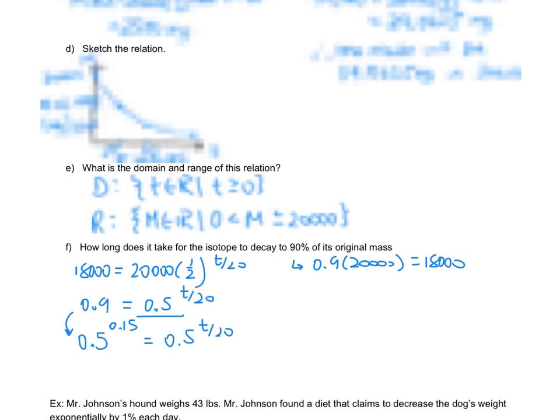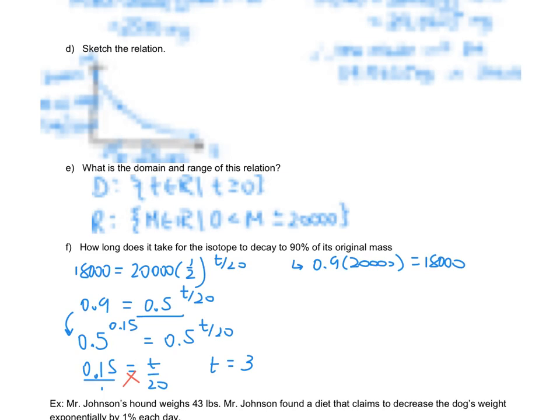But right now we have a common base, so once we have a common base, we can just set our exponents equal to each other. And here, I'm just going to put my 0.15 over 1 and do a quick cross multiplying, where I do t times 1 is t, and then 20 times 0.15 is 3. So that means it takes 3 minutes for the bacteria to decay to 90% of its original mass.